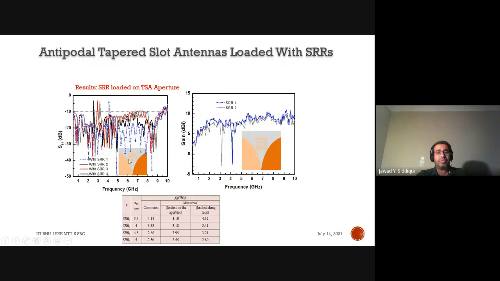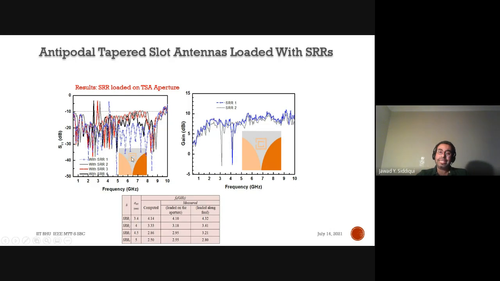So when you have SRRs of different dimensions and geometry, and you can compute the undesired frequencies in that response, which you want to weed out or filter, you can design your SRR for those frequencies and just place it on top of the ultra-wideband antenna on the radiating part.